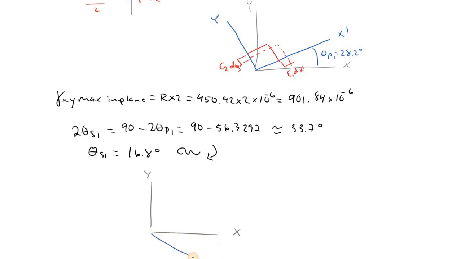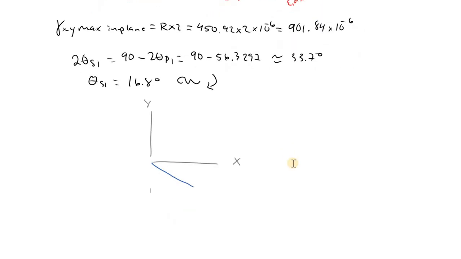So we have our transformed x plane going this way, theta S1, 16.8. Again, it's not drawn to scale. 90 degrees from there, we have our transformed y.